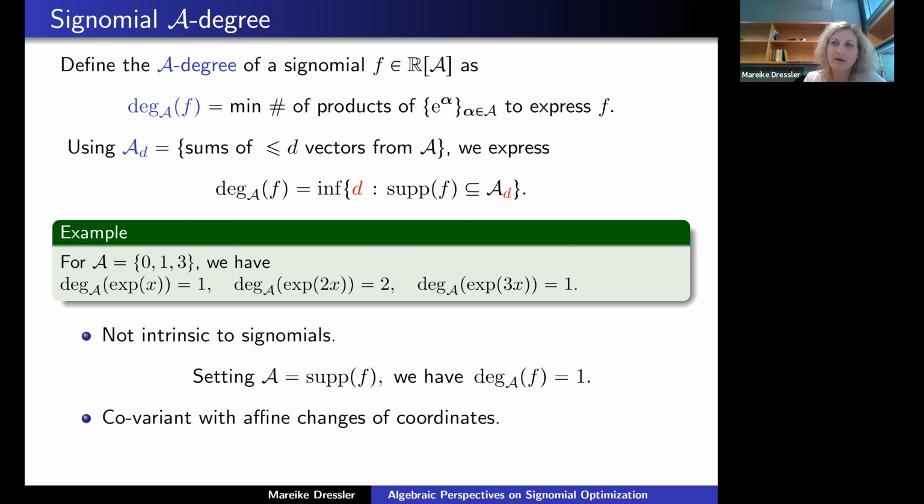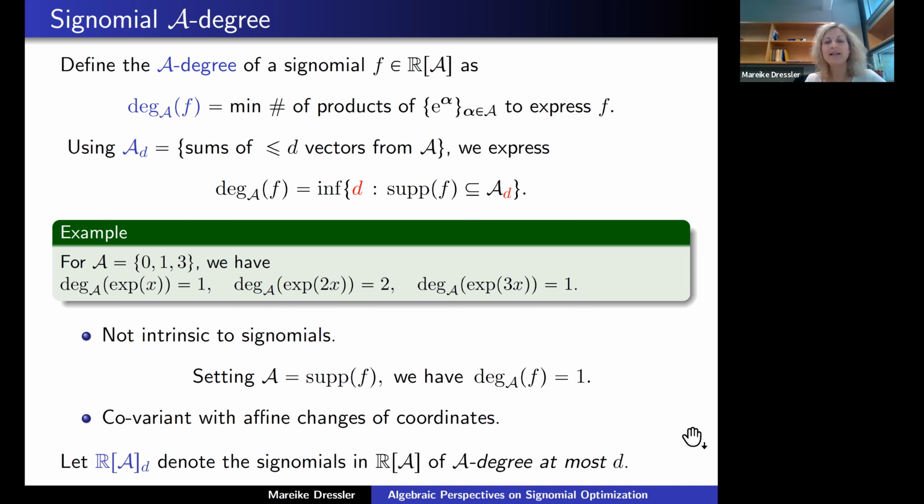And maybe one structural thing: this A-degree is covariant with affine changes of coordinates. So it behaves nicely under affine changes of coordinates. And with that, we define the ring of at most A-degree D as this R_A,D.